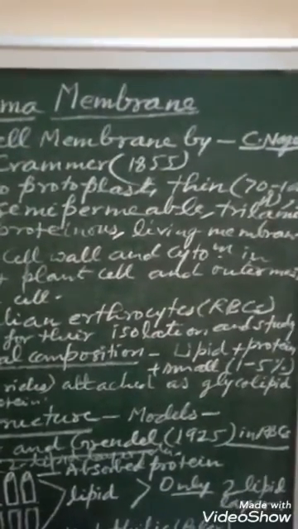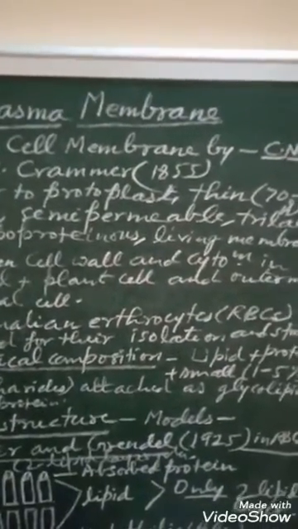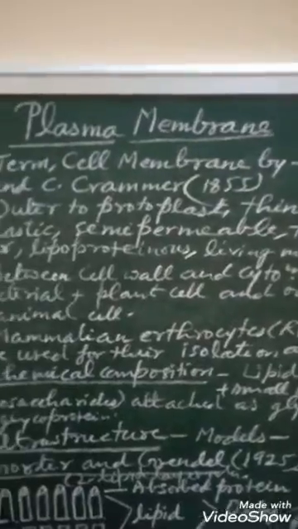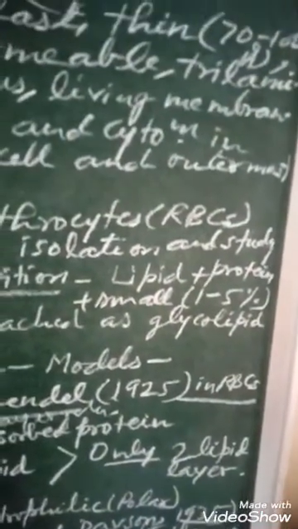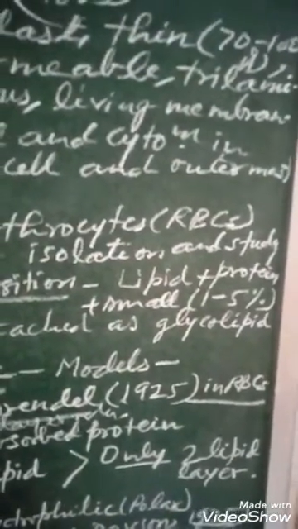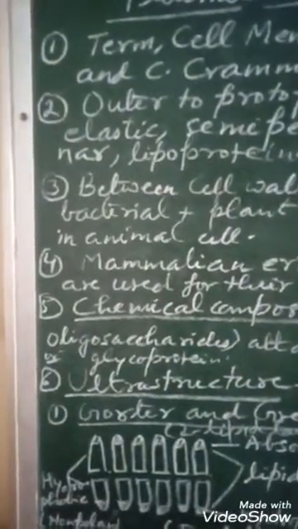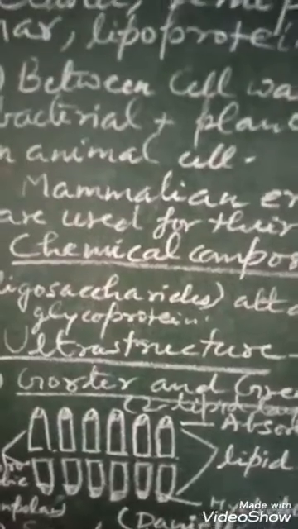After its isolation and chemical analysis and different physical methods, we know that the chemical composition of the plasma membrane shows that it is made up of lipid and protein, mainly, with a smaller fraction, 1 to 5%, of oligosaccharides, and those oligosaccharides may be attached either with lipid as glycolipid, or with protein as glycoprotein.